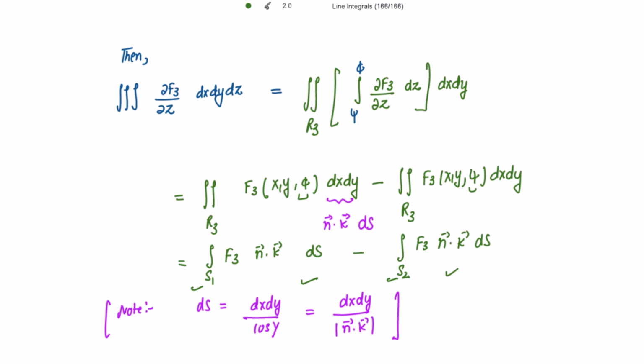So when we merge these two integrals, we get the triple integral over V of ∂F3/∂Z dx dy dz equal to the surface integral over S of F3 times the dot product of n vector with k vector ds.